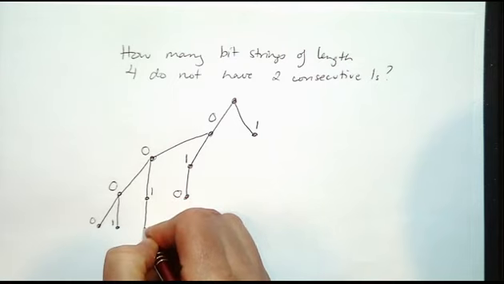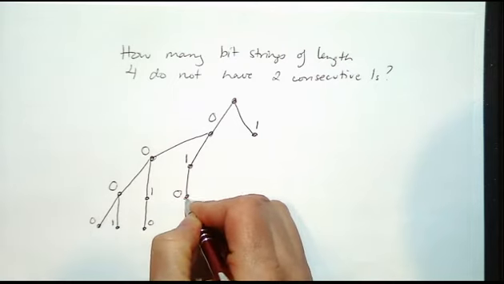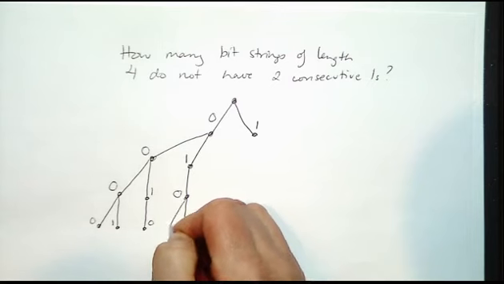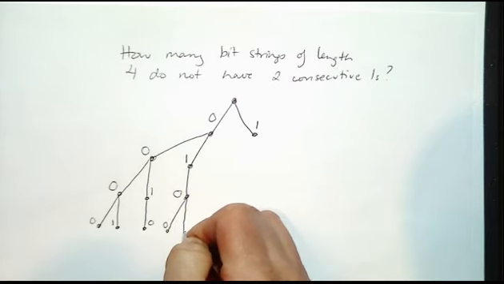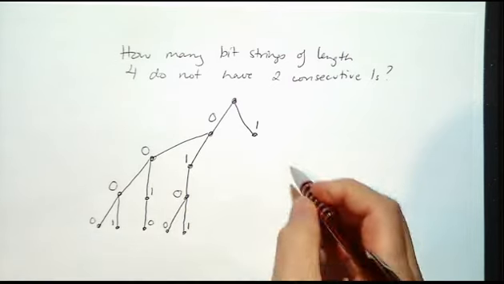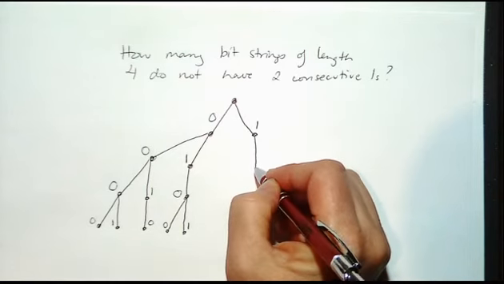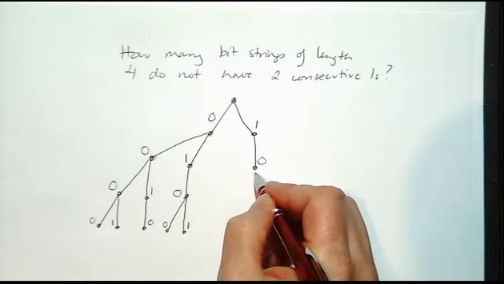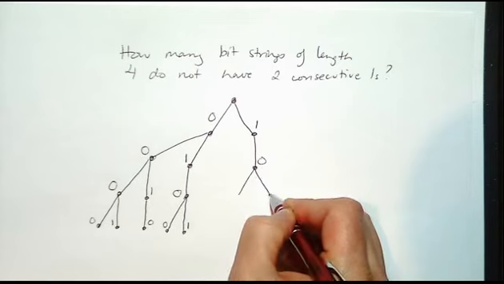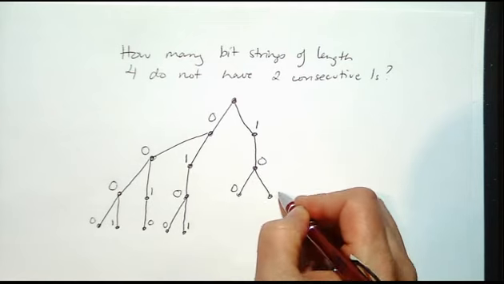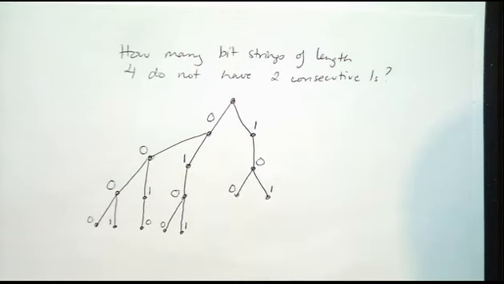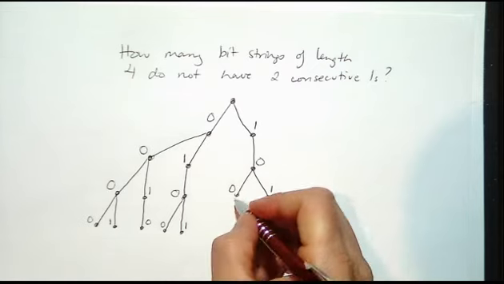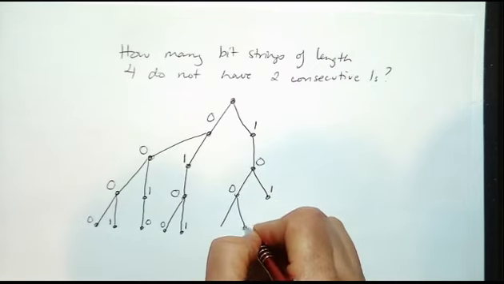Here I'm not allowed to have a 1, so I have to have a 0. I can have both options here. And again, I can have both options after the 0 on the right, both options after this one.